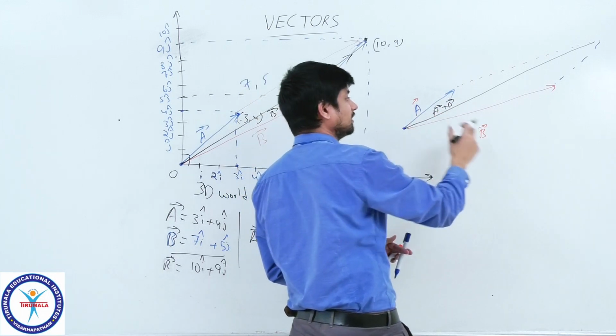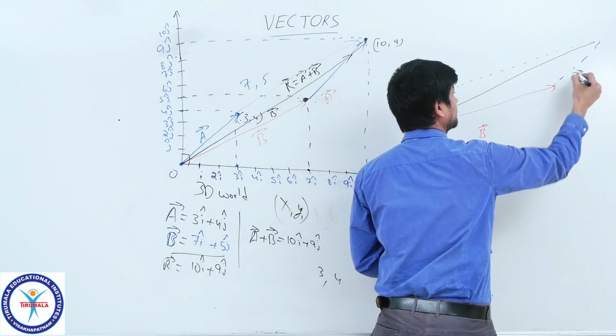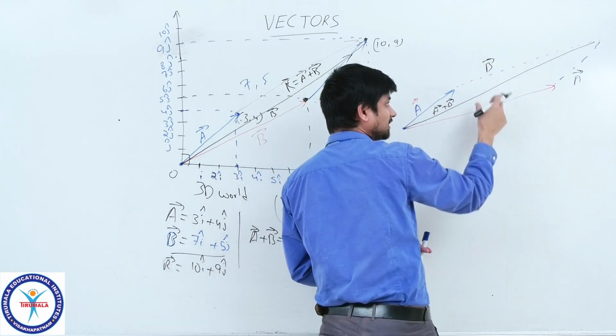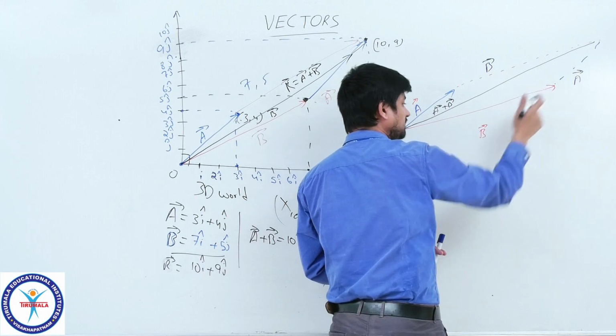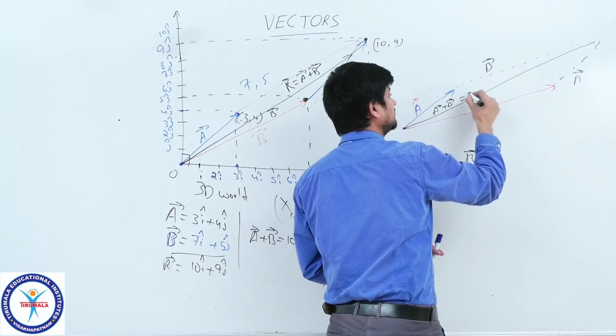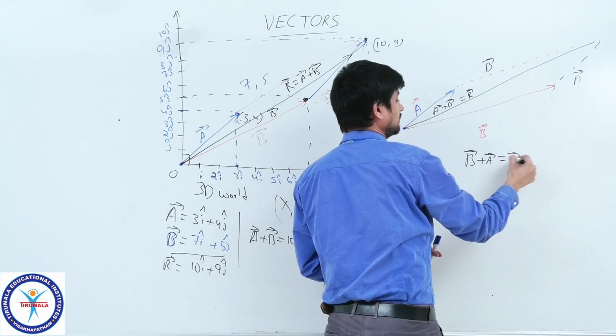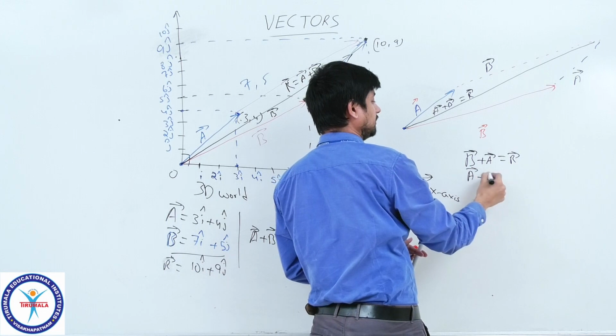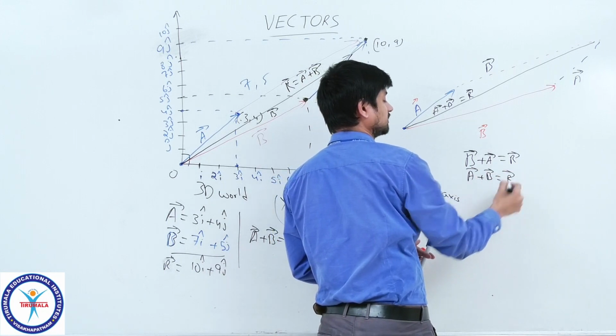So, same way B bar plus A bar. So, if you want to get for this triangle, B bar plus A bar gives you this resultant. Even A bar plus B bar gives you this resultant.